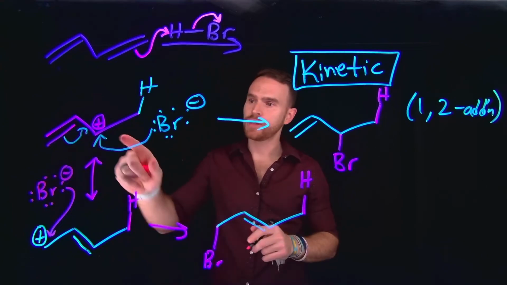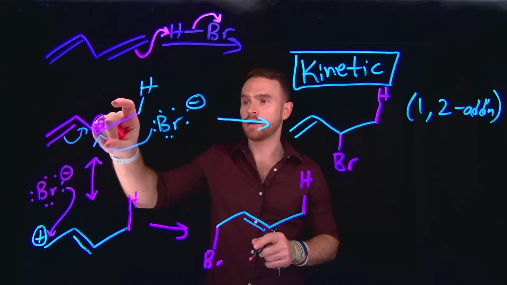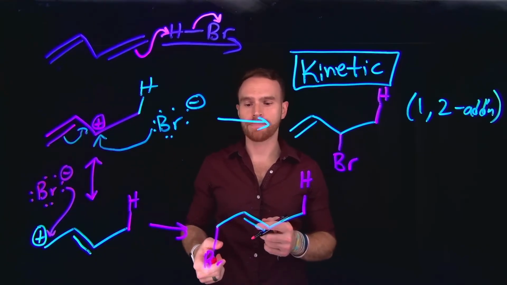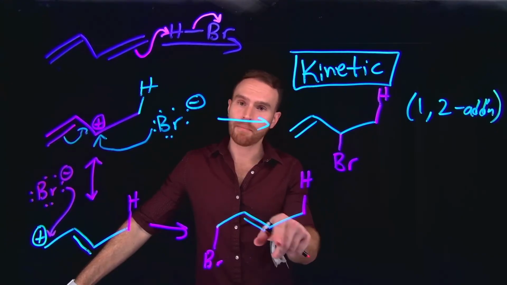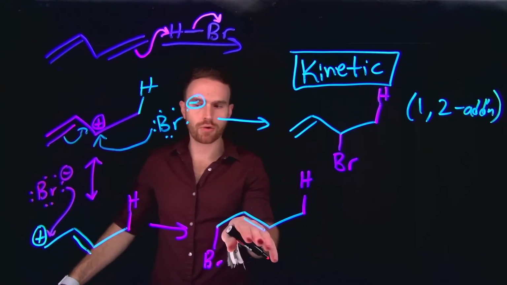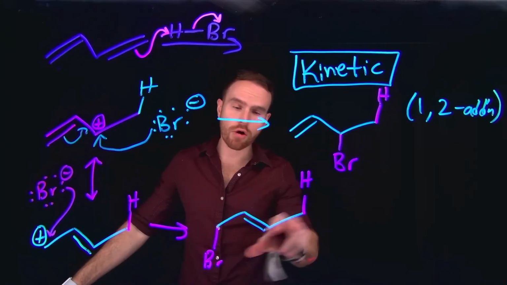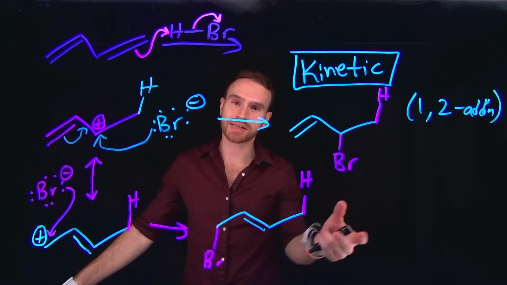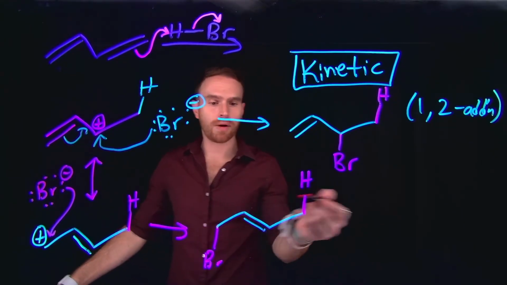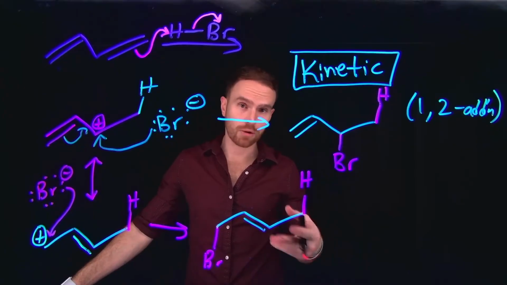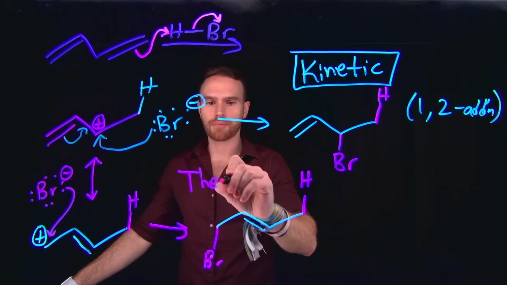And even though this carbocation is slightly more stable because it is located at a secondary carbon, this is the more stable alkene, which is more substituted. So the internal alkene is more stable than a terminal alkene. And overall, this molecule is more stable. It has a lower enthalpy of formation. So because this is more stable thermodynamically, we call this product the thermodynamic product.